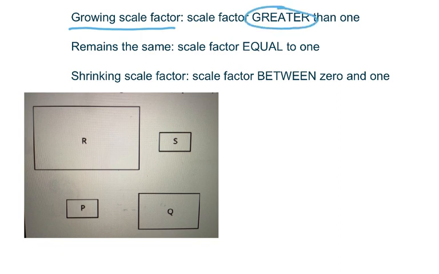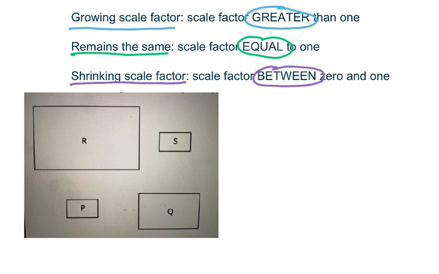And when you multiply by that scale factor, you create a larger shape. If your scale factor is equal to 1, then when you multiply, the shape remains the same. If you have a scale factor between 0 and 1, when you multiply, you actually shrink the shape.